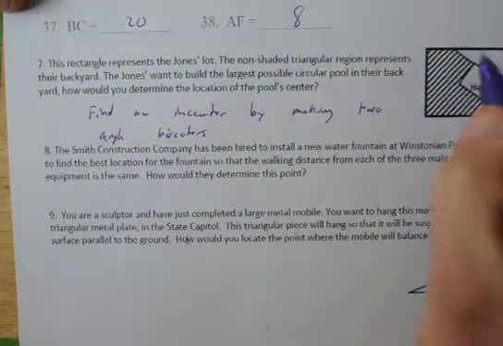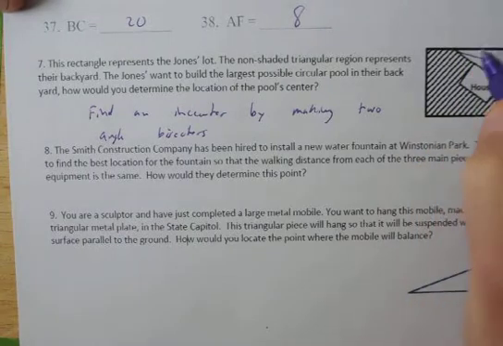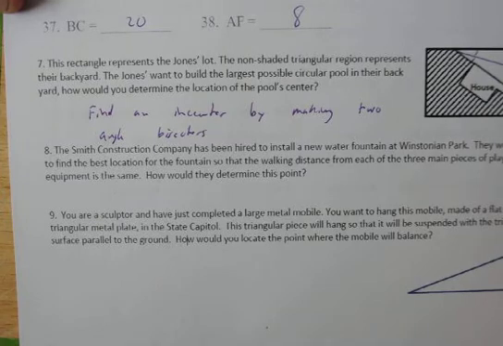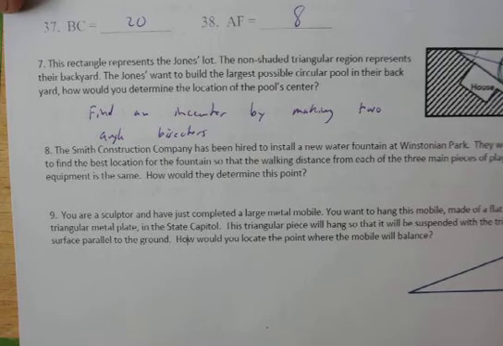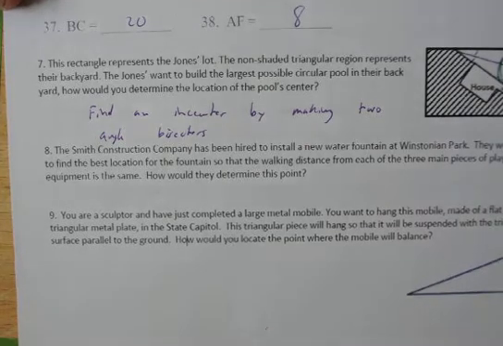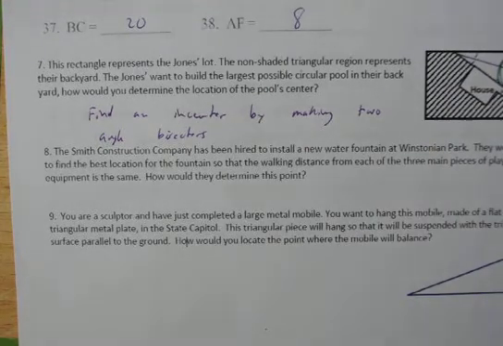You bisect this angle, and you bisect another angle, and that finds the in-center, and the in-center is the pool. Well, the circle. That ends up being the biggest circle in there that touches each side of the yard. That's where they should build their pool.